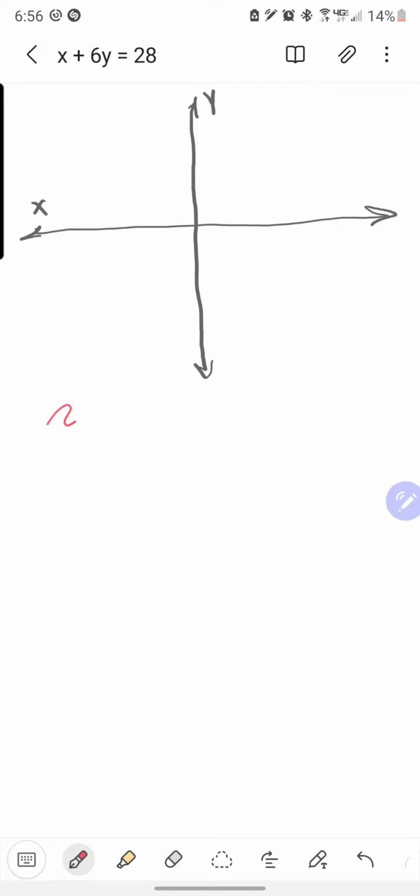So the x-intercept, let's write that down, x-intercept. The x-intercept is any value where it is on the x-axis. So we do not know the x value itself, but we do know that with the x-intercept, the y will always be 0 because it's any value that lies on the x-axis.